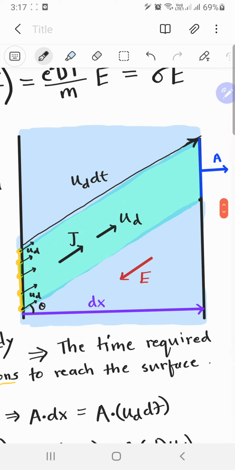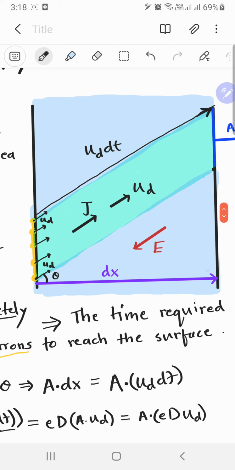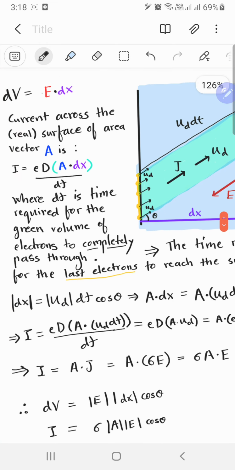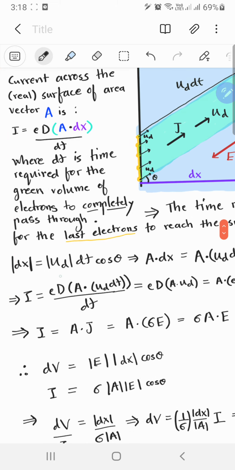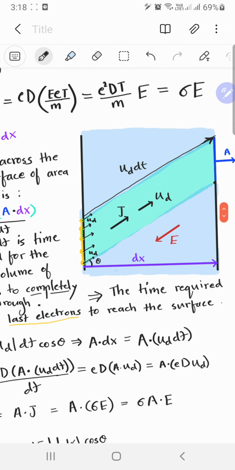So it has to travel this much distance in time dt, so this much distance is ud dt, and then multiplied by cosine theta, you get this component. Where were we? Right. dx equals ud dt cosine theta, so that means A dot dx. Basically dx is just the projection of this ud dt.